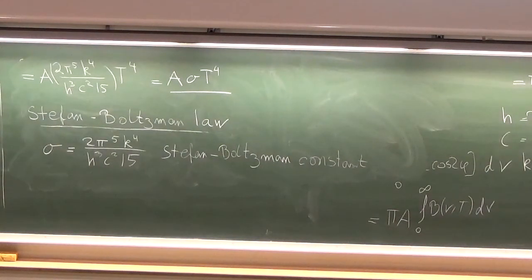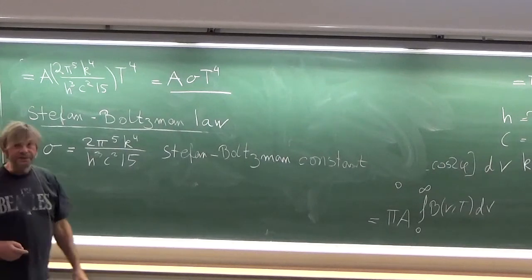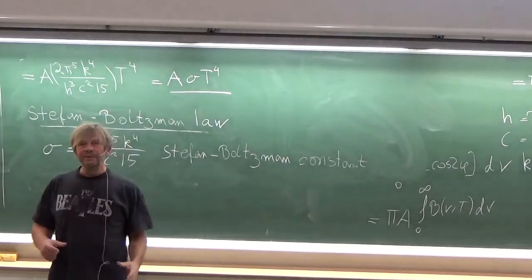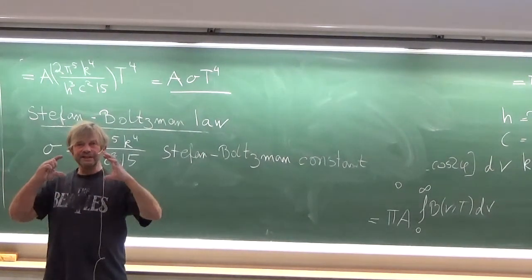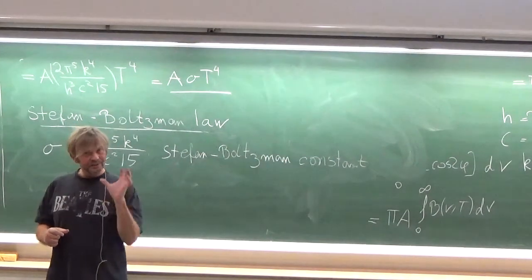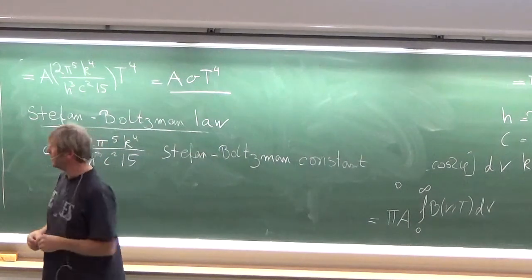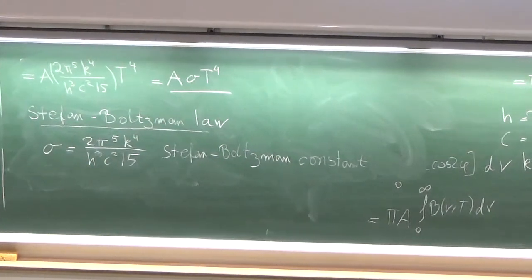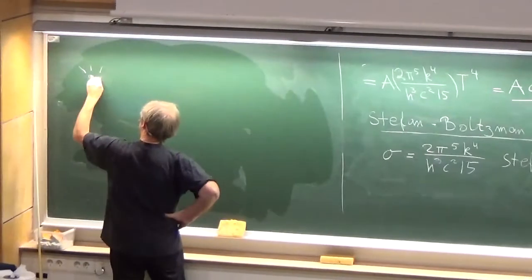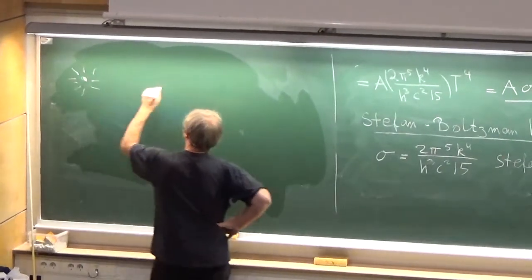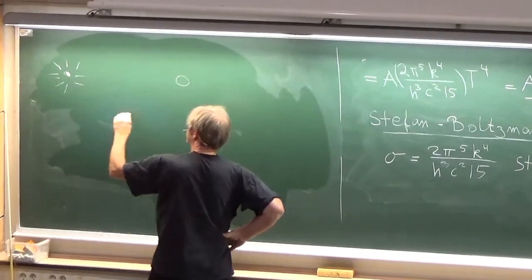So let's have a look at some crude modeling of the temperature on Earth. We have something called the solar constant, which is the energy that radiates from the sun per square meter, or the power per square meter. So we have the sun here, and the Earth here.